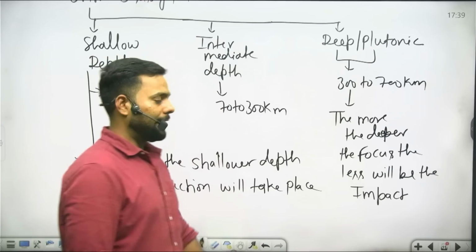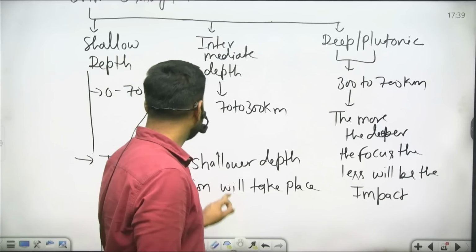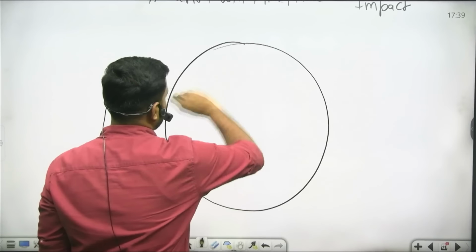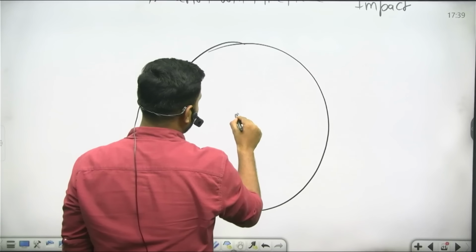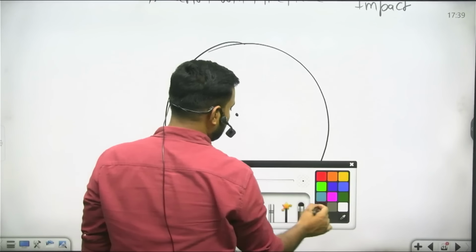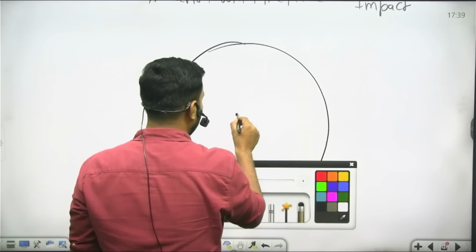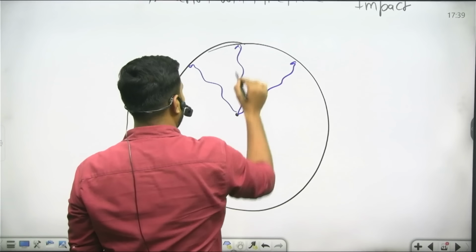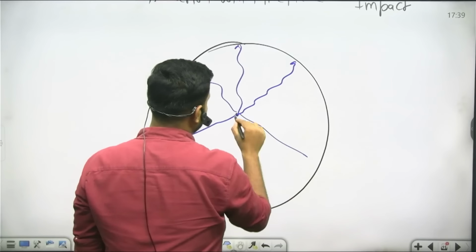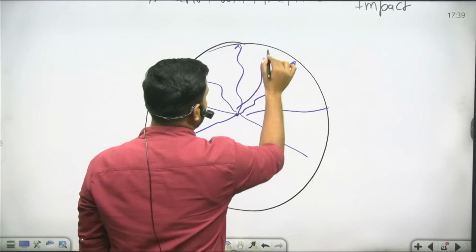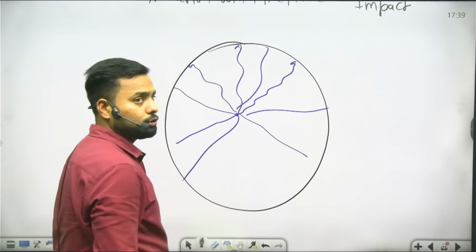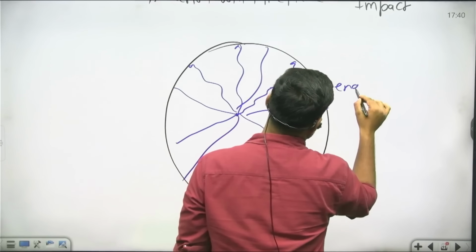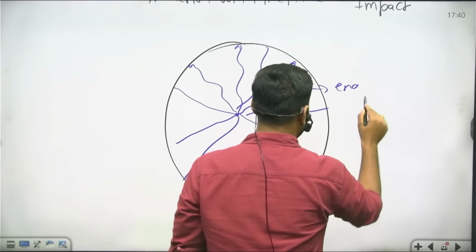Why ऐसा क्यों है भाई? Because suppose that this is the earth and this is the focus. The deeper the focus, the body waves are traveling more distance to reach the earth surface. बहुत ज़्यादा distance और बहुत ज़्यादा time और energy लगेगा earth surface तक पहुँचने में. तो जितना ज़्यादा time लगेगा और energy लगेगा, उतना ज़्यादा energy का loss होगा. ये तो एकदम simple सा formula है.